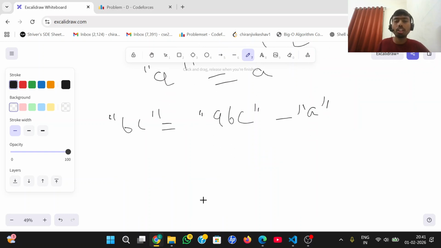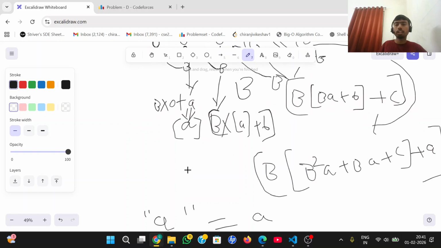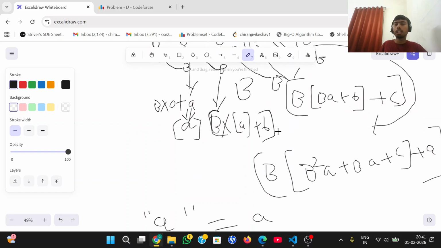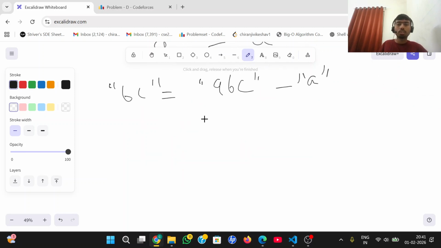Let me write the hash value of the string ABC. What is this? B square A plus B small b plus C. Now, what is the hash value of A? It is A only. So is this the hash value of BC? No, it is not actually.